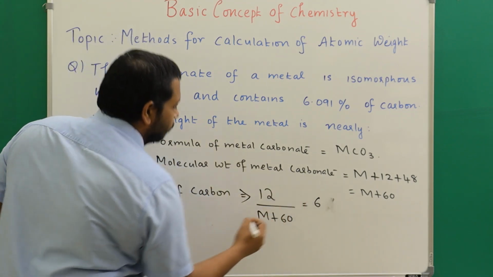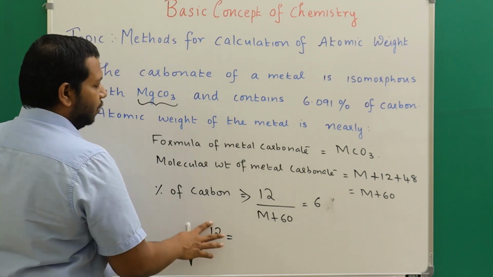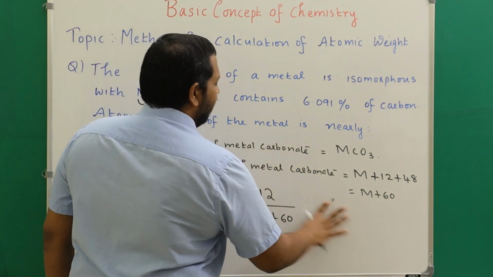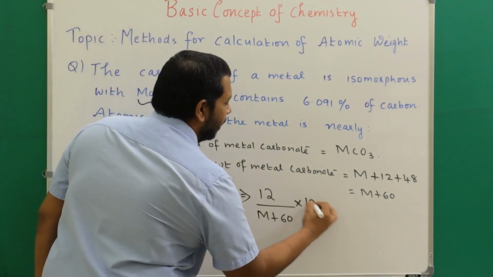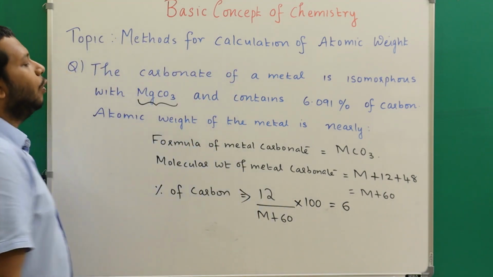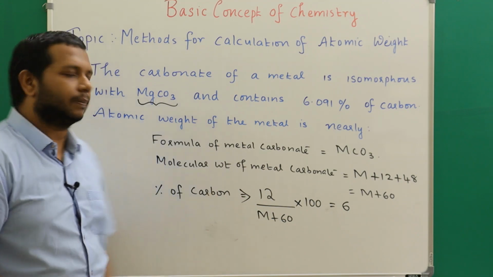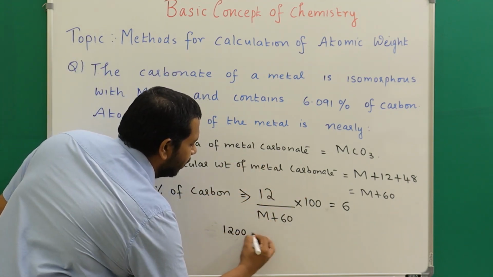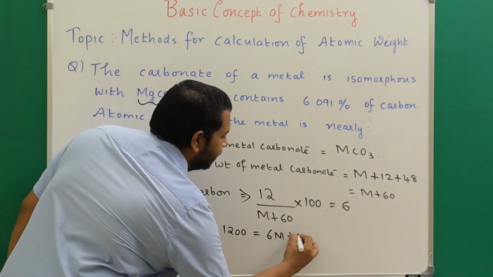Just cross multiply. But here you need to ensure one thing. Since it is a percentage, it should be multiplied by 100. You can write 12 times 100 equals 6, or otherwise write 6 by 100, then 100 will come here. Both are correct. This becomes 1200, and cross multiplying, 6M plus 360, correct?